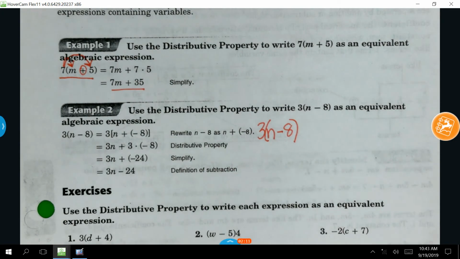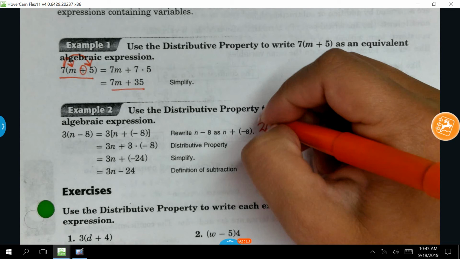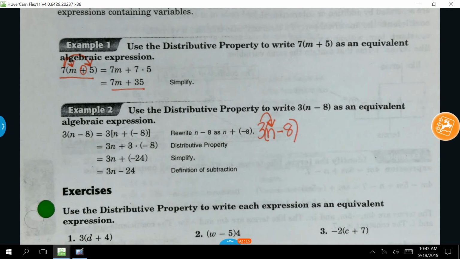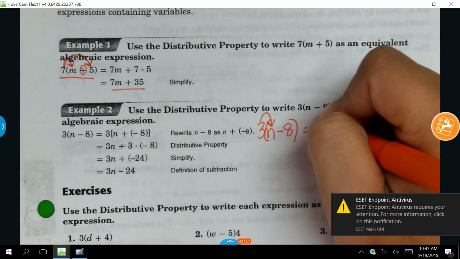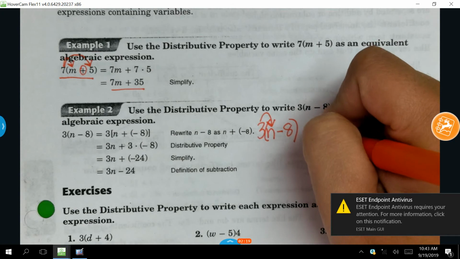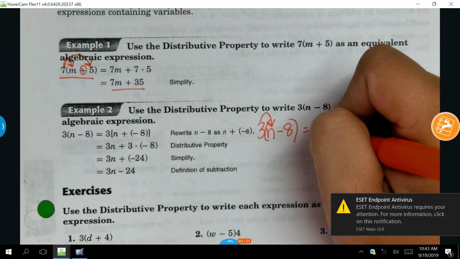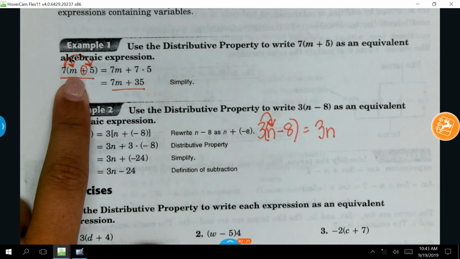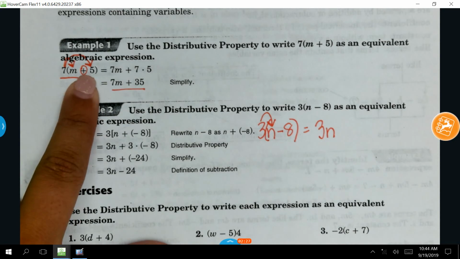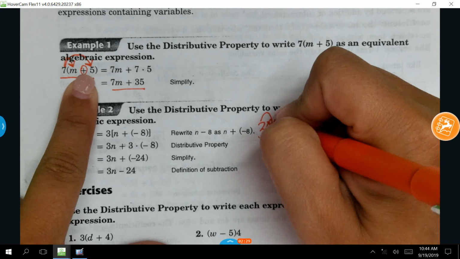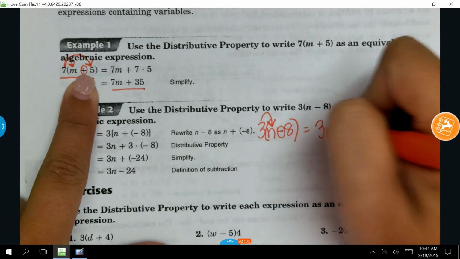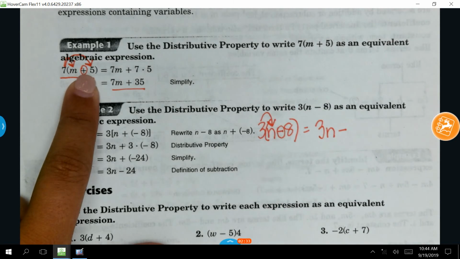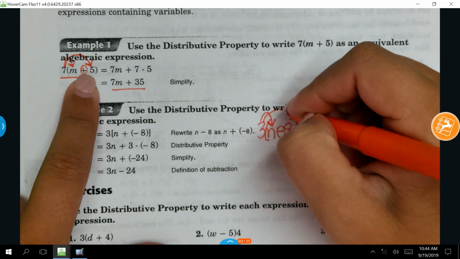Alright, so if I'm distributing, that means I'm distributing it to that n. So what does that mean? Multiplying, so 3 times n. In that very first problem, I kept that addition sign, correct? Yes. I want to do the same thing, and I'm going to keep that subtraction sign. And then I'm going to distribute the 3 to the 8.